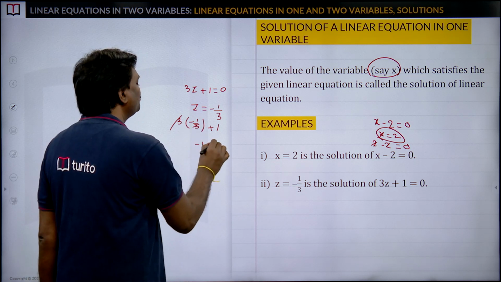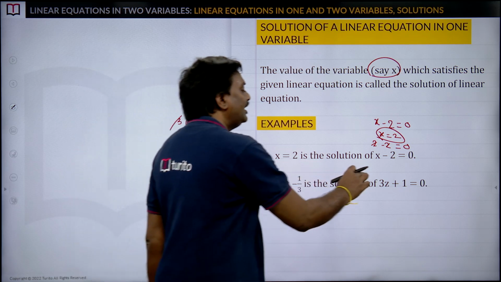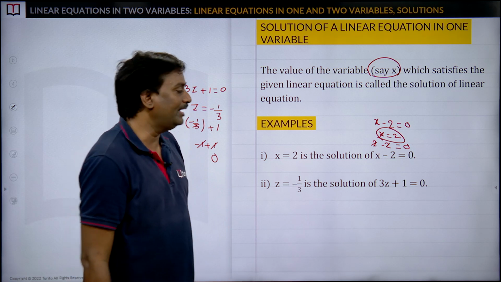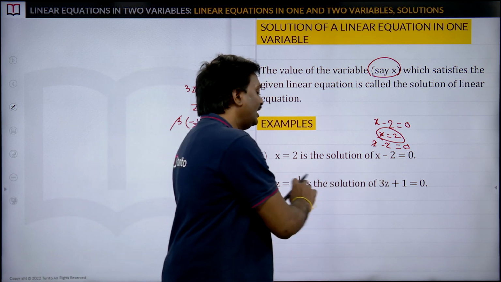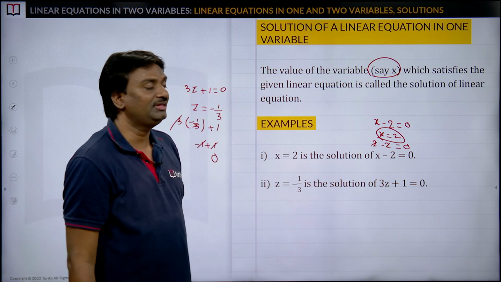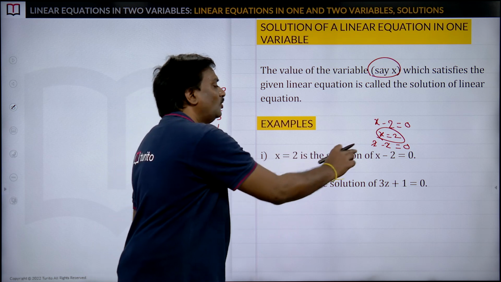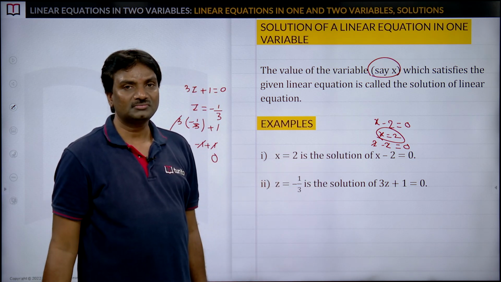Here minus 1 plus 1 is 0. By substituting minus 1 by 3 in place of z, we are getting 0, which means the equation is satisfied. That is why we can say z equal to minus 1 by 3 is the solution of 3z plus 1 equal to 0. And x equal to 2 is the solution of x minus 2 equal to 0.